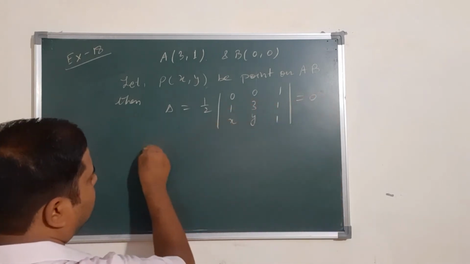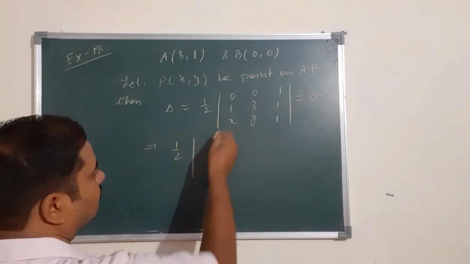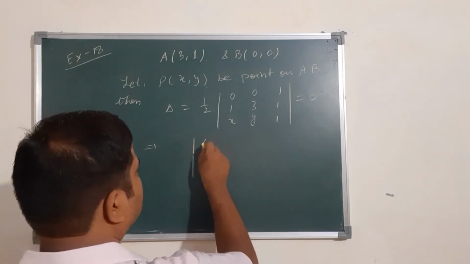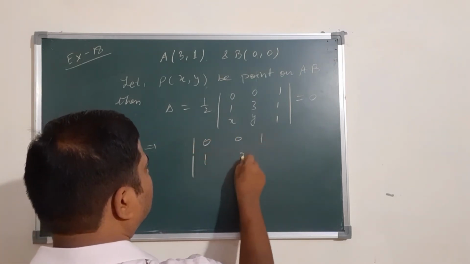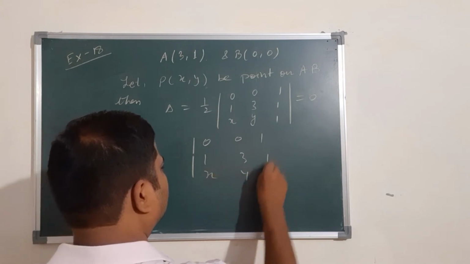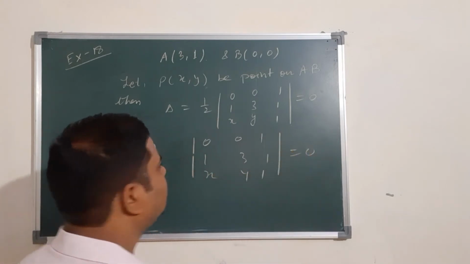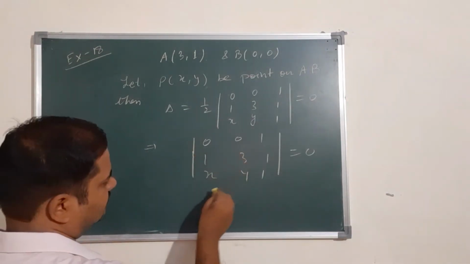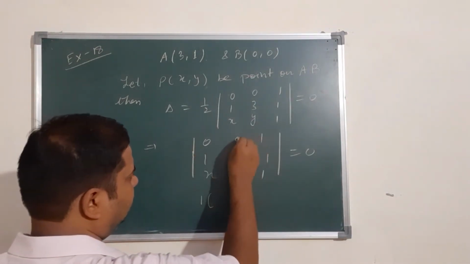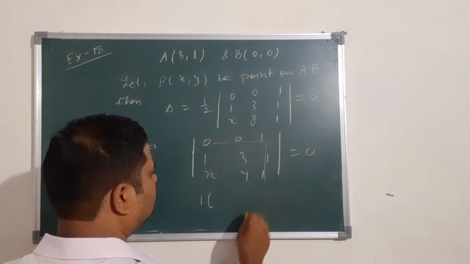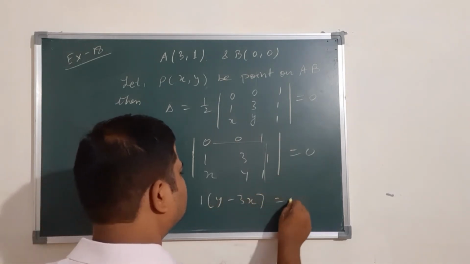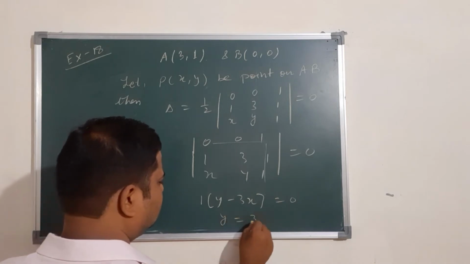So we will have 1/2 times the determinant with rows 0, 0, 1; 3, 1, 1; x, y, 1. This determinant should be 0. After expanding it, leaving this particular row and this column, we get y - 3x = 0. So y = 3x.